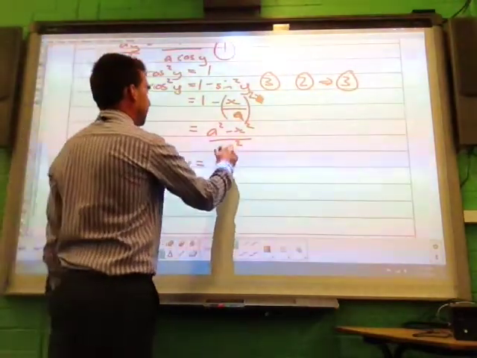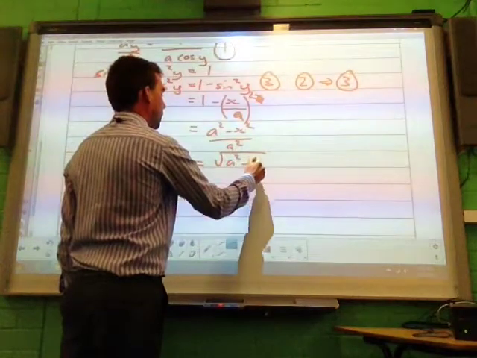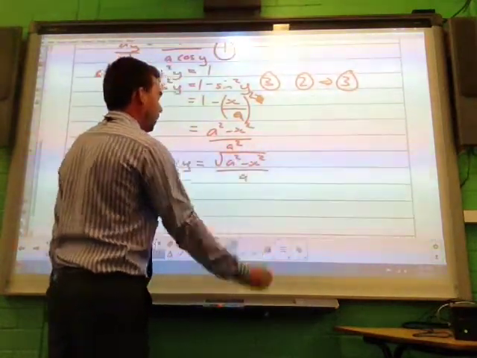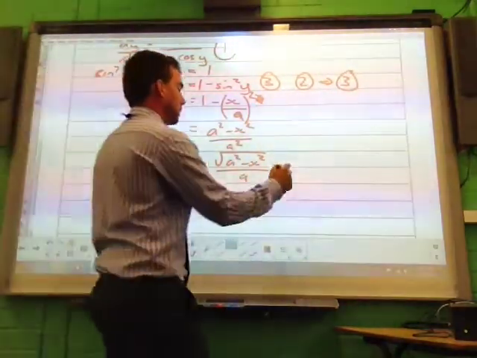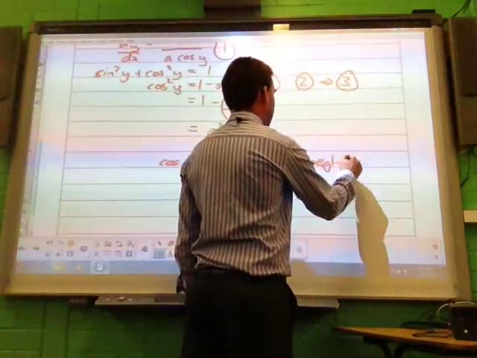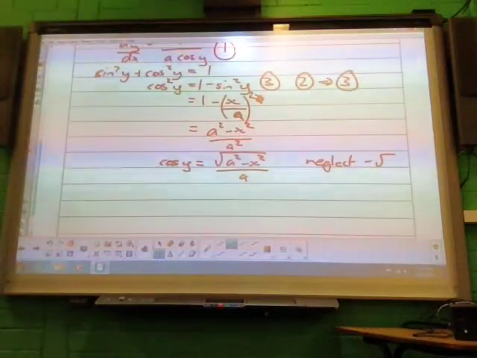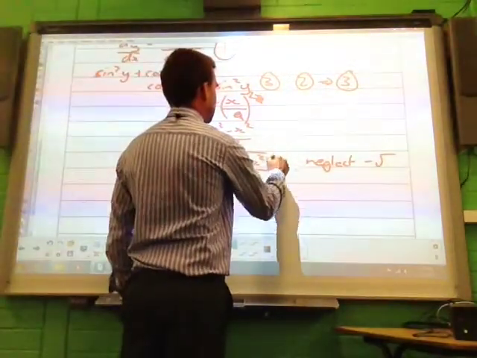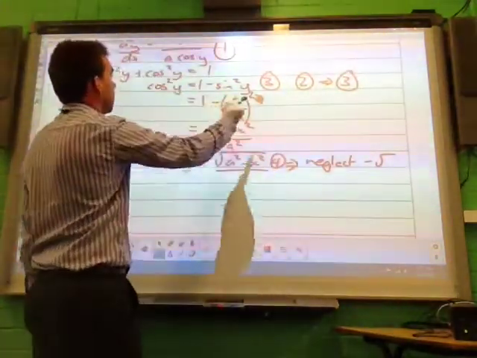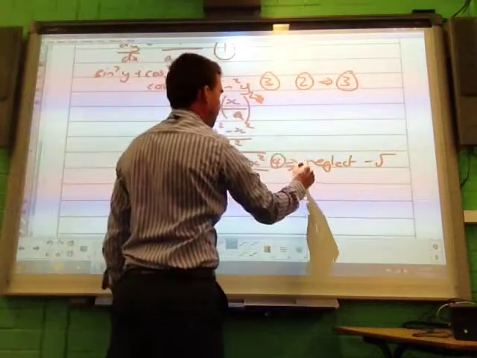Then take the square root: square root of a squared minus x squared, over a. We're going to neglect the negative square root, because we're just substituting, showing a proof. So that's number 4. I'm going to put that into number 1.